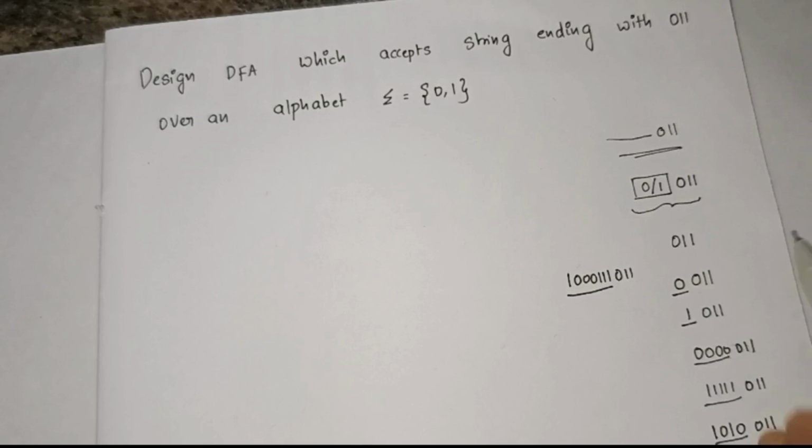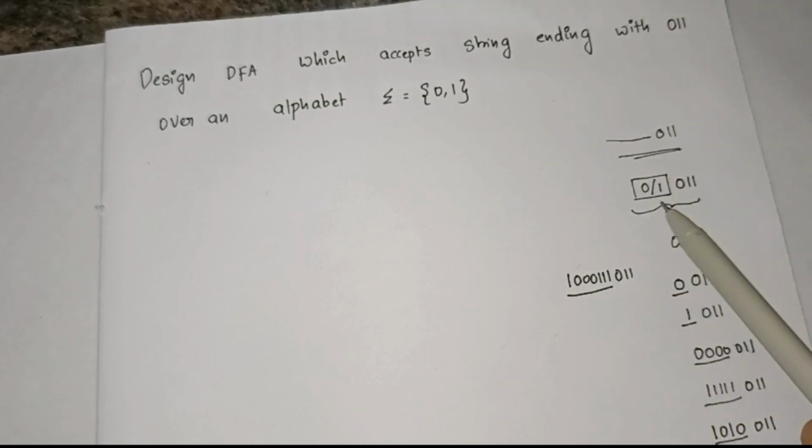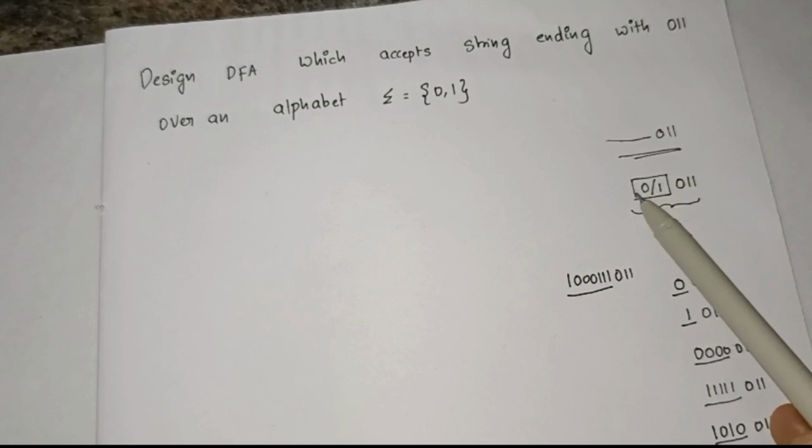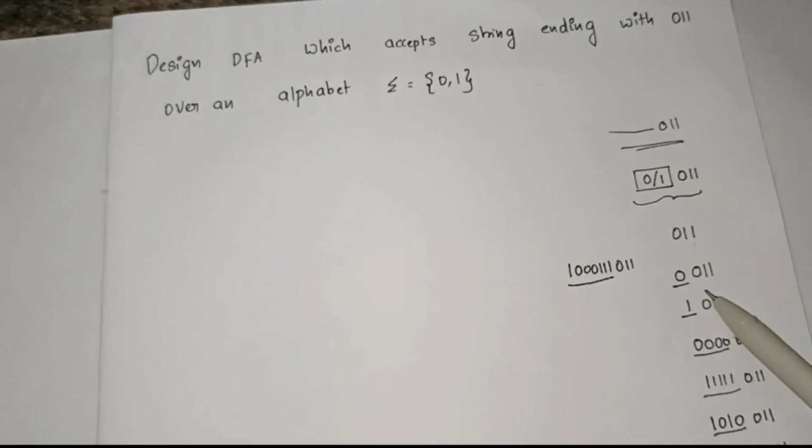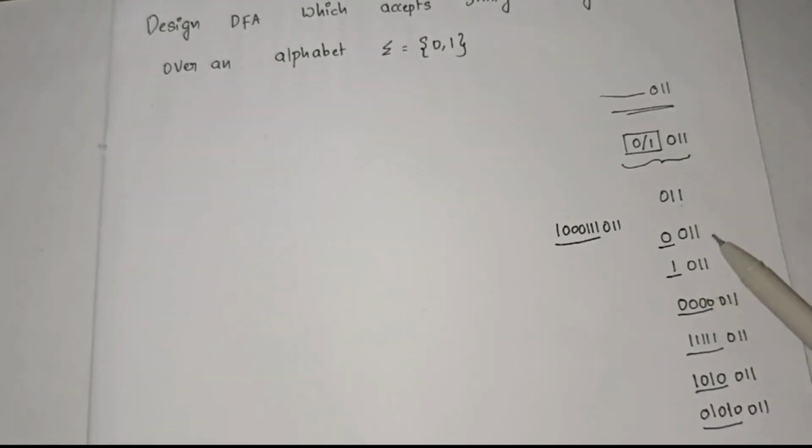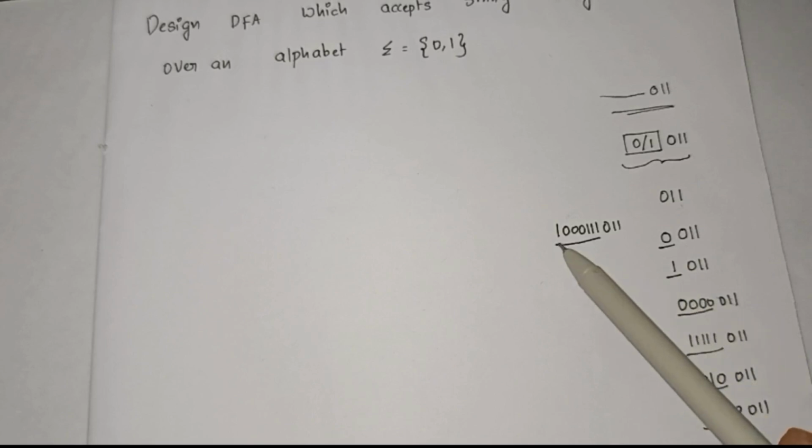It should end with 0, 1, 1, and before this it can have any number of zeros or ones. So the basic string is 0, 1, 1, and after that we will take some sample strings. Either it might be 1, 0 or 1, 1, or a combination of zeros, or a combination of ones, or combinations of zeros and ones starting from 1 or starting from 0. Any combinations are acceptable according to our question.